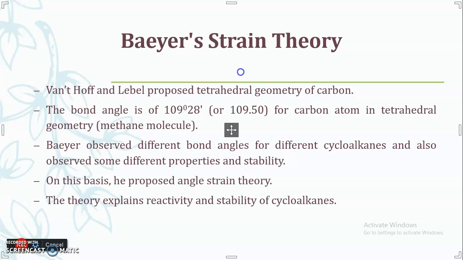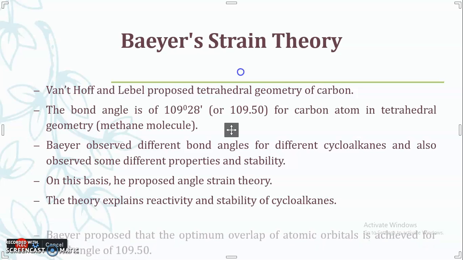One is the Baeyer strain theory, the second is Coulson-Moffitt's theory, and the last theory that explains the stability and reactivity of the cycloalkanes is the Sachse-Mohr theory. So these are the various theories which explain the stability and reactivity of the cycloalkanes. The first theory that was put forth by a scientist is known as the Baeyer strain theory.